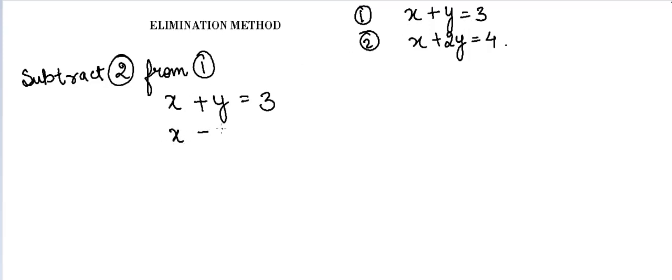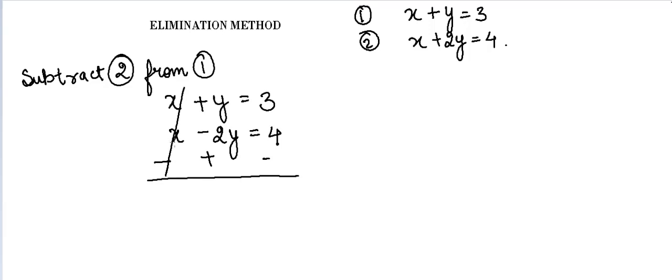It will be minus 2y is equal to 4, with the signs changed. The x will cancel out, the y is positive and here it will be negative. So you will get minus y is equal to minus 1. This minus will cancel out, so you will get your y as 1.